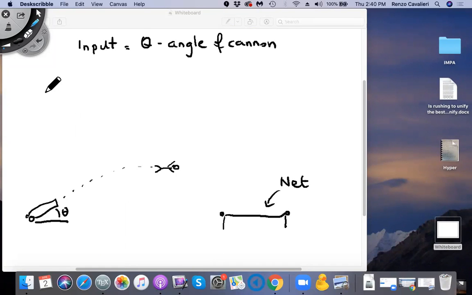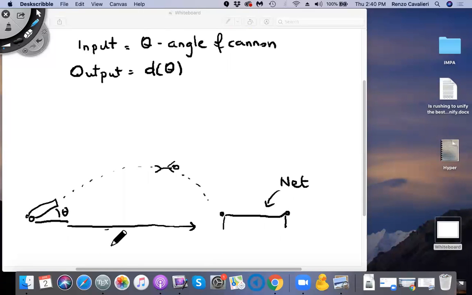And the function output, we call it d of theta, is the distance that you travel flying if you're shot from angle theta.